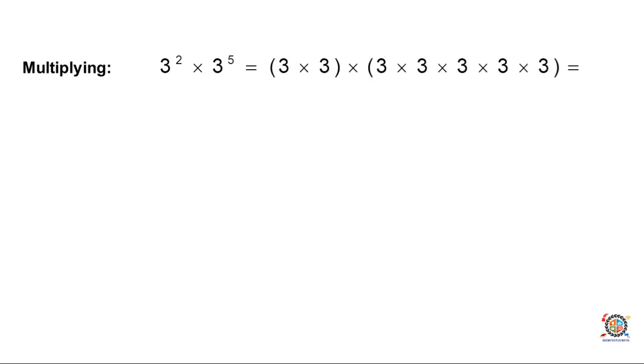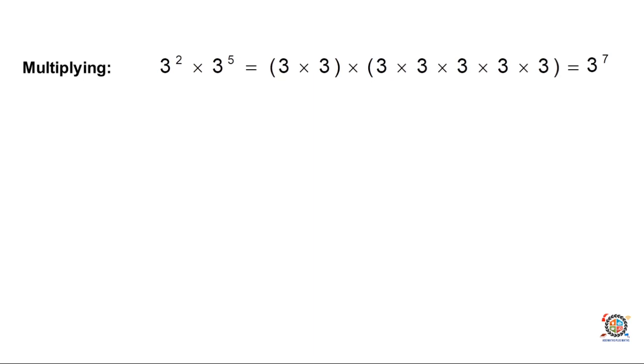Then you just basically multiply. But if you notice here, if I count, I have 1, 2, 3, 4, 5, 6, 7. This can also be written as 3 to the power of 7, because there are 7 3's that you are multiplying to itself. So 3 to the power of 7.